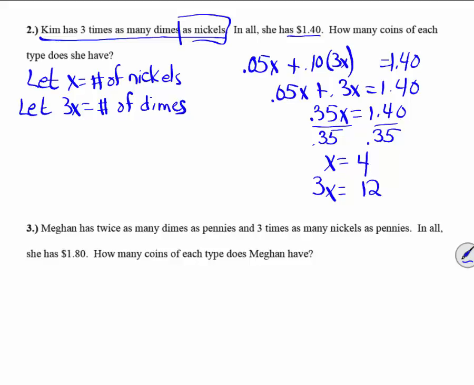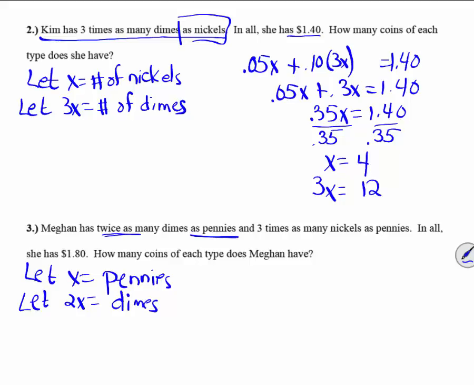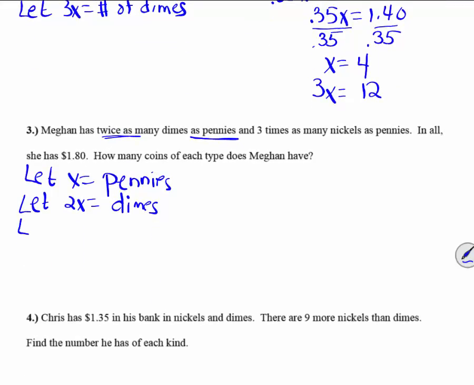Megan has twice as many dimes as pennies. Right, so here's the "as pennies." So let x equal pennies. Twice as many, so 2x equals dimes. 3 times as many nickels as pennies, so let 3x equal nickels.